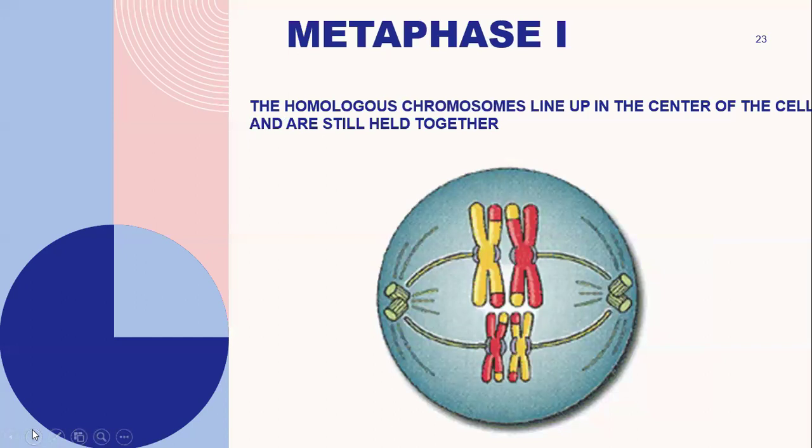So you have homologous chromosomes lined up at the equator. You've seen how they are in pairs. In metaphase of mitosis, the chromosomes were individual chromosomes. They were not paired up. But when it comes to meiosis 1, that is metaphase 1, they're going to line up at the equator as pairs.